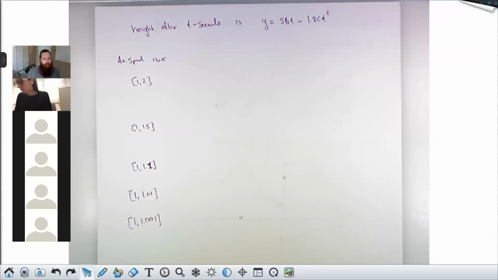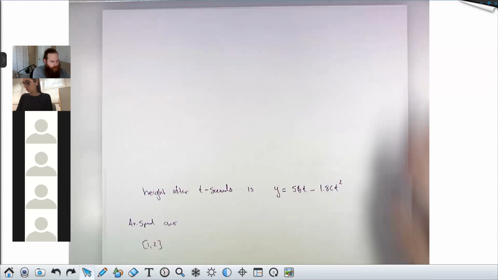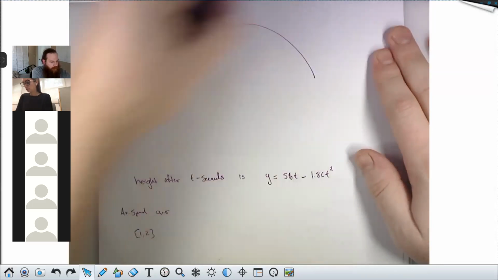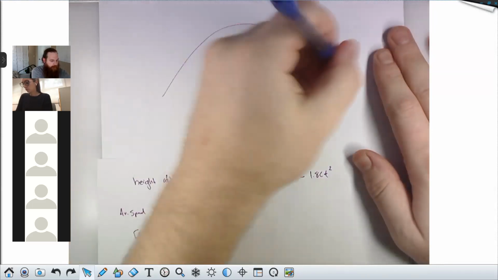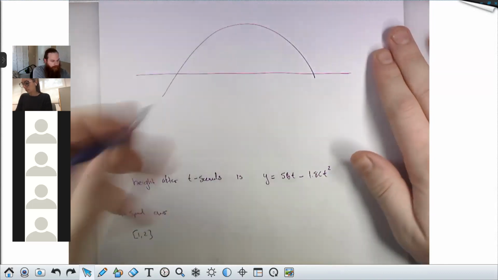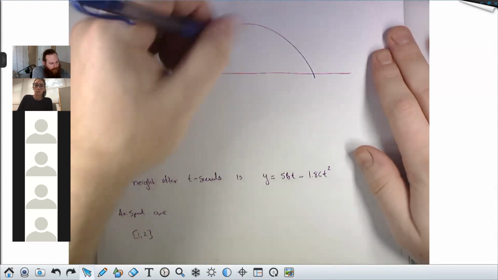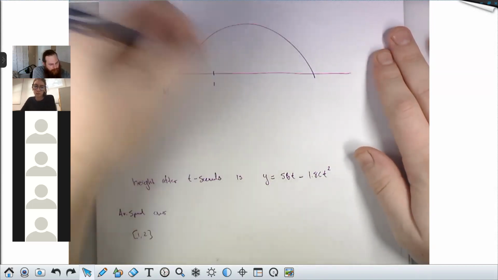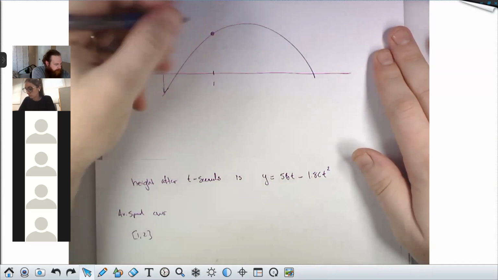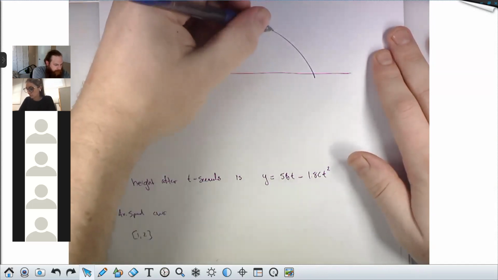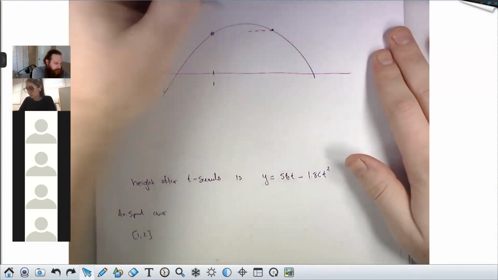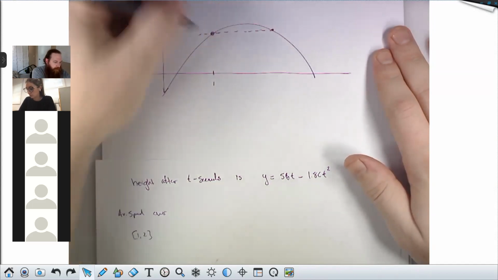So this is that idea of bringing secant lines closer and closer to tangent lines. The graph of this function looks something like this. It's a parabola opening down. Maybe here's 1. And they have you calculate a whole bunch of slopes of secant lines. So you start with this guy from 1 to 2.